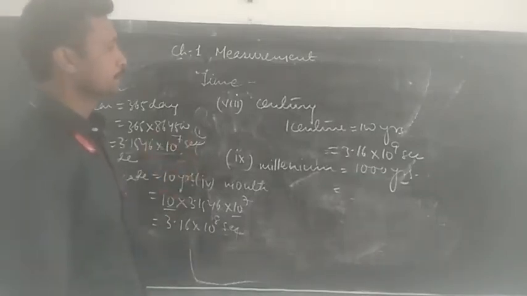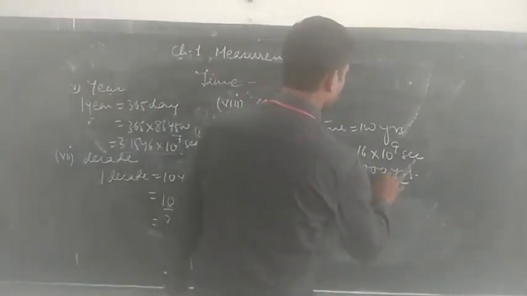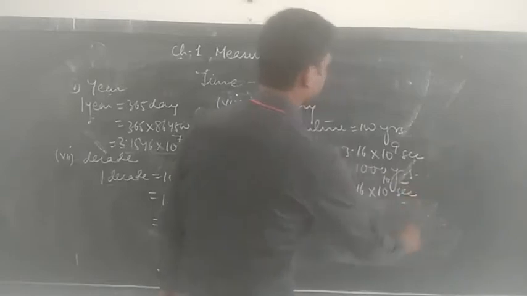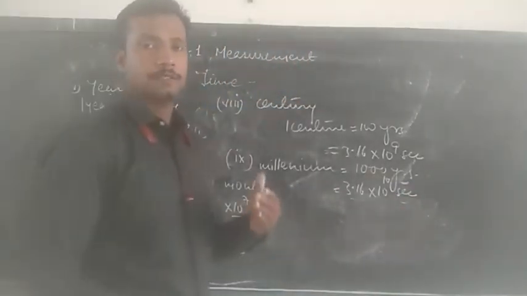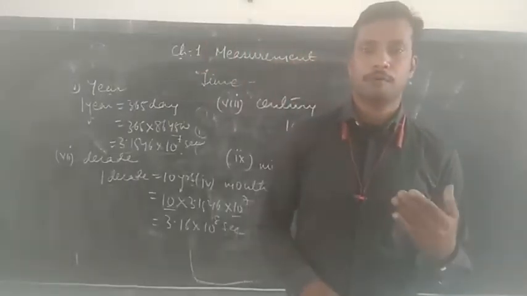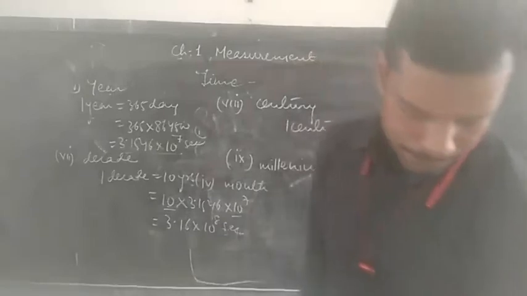It becomes 10 to the power 10. So we have 3.16 into 10 to the power 10 seconds. So this is how we can express different units of time into its SI unit, that is, into second.